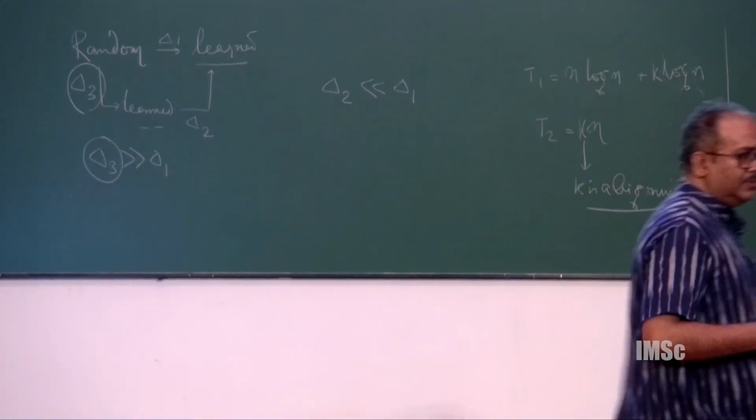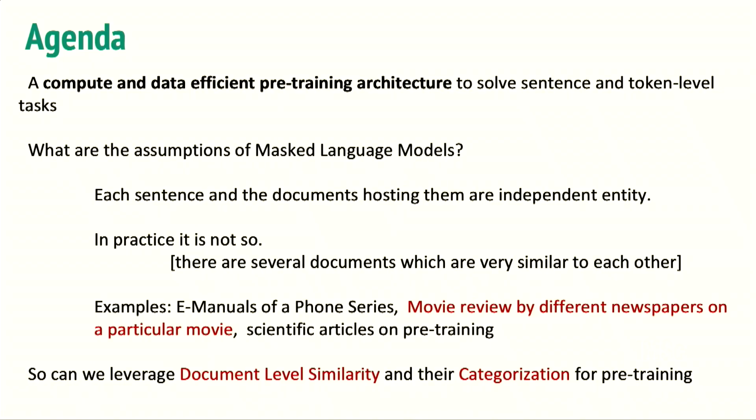You also learn through some sort of categorization, which in real life we negatively call typecasting people. Because you also learn through categorization. So now can we leverage those things, like document-level similarity or comparisons and categorizations, to learn?